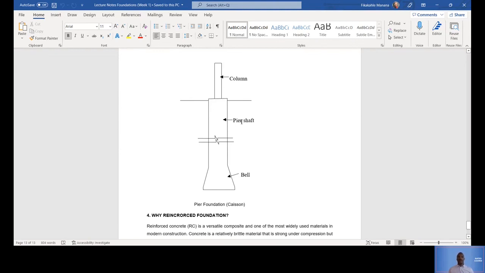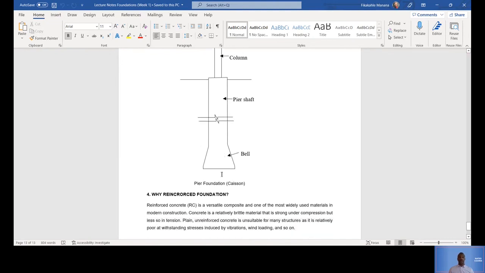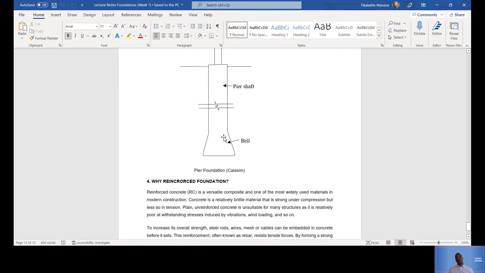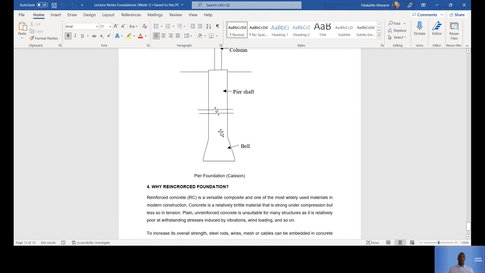That's why even here, as you can see, it's much thicker. This is a column, and that's a pier, and it goes all the way down. It's also very deep as well. It's just that it's stronger than a pile, bigger than a pile, thicker than a pile. That's what we call a pier. That's the difference between a pier and a pile. A pile is smaller in terms of thickness, and a pier is bigger.